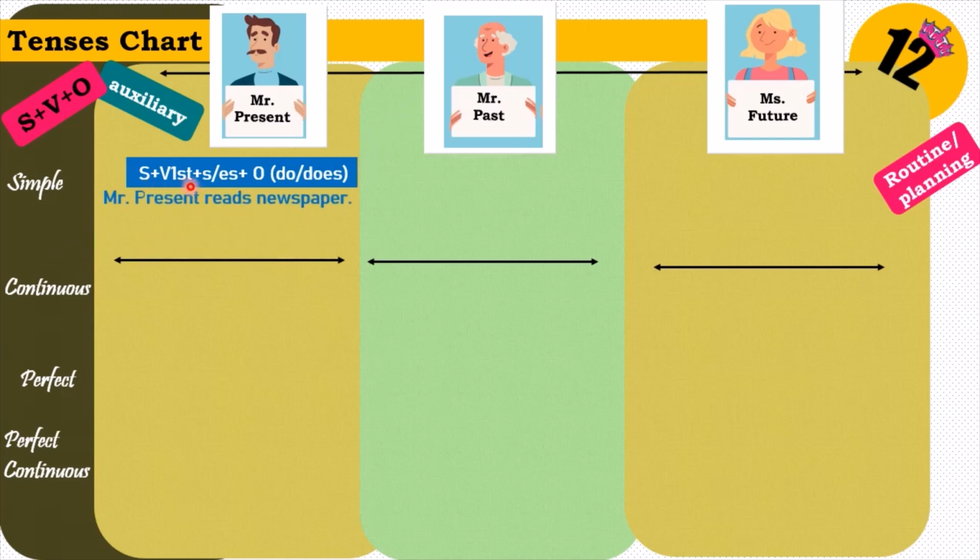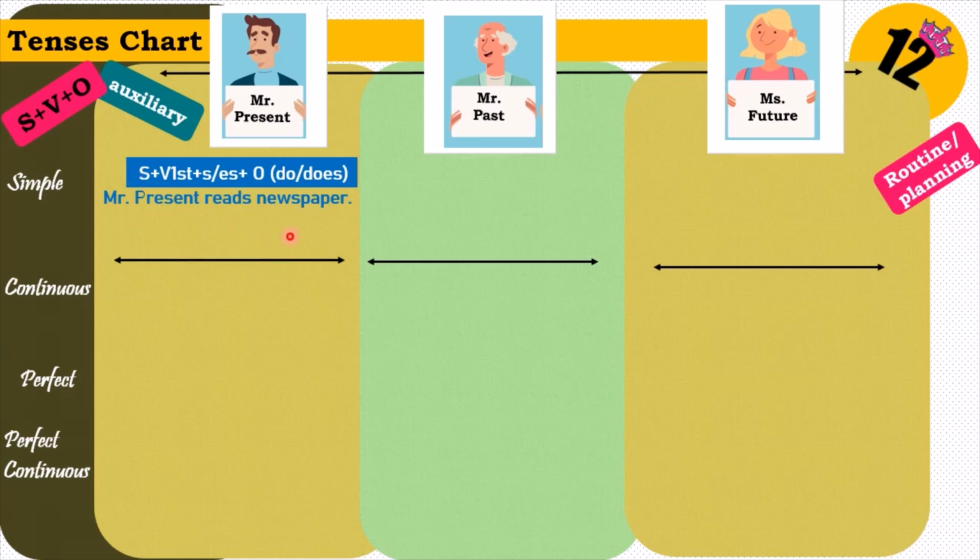Mr. Present reads newspaper. In this sentence, Mr. Present is the subject. Read is the first form of the verb with the addition of s, and newspaper is the object. So it is a kind of task that Mr. Present does on a daily basis.